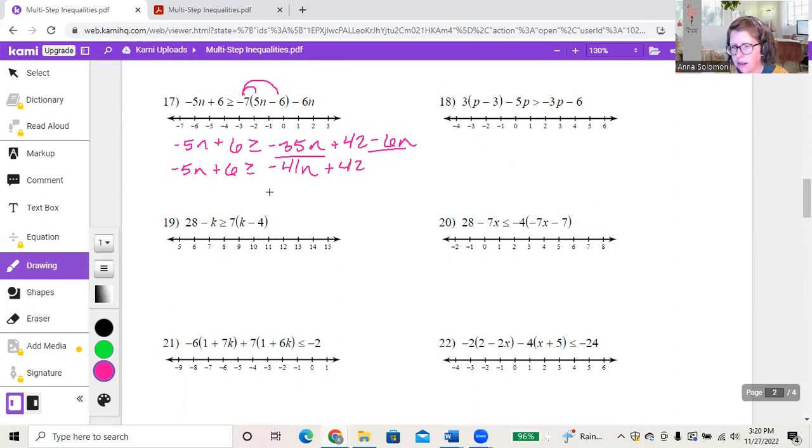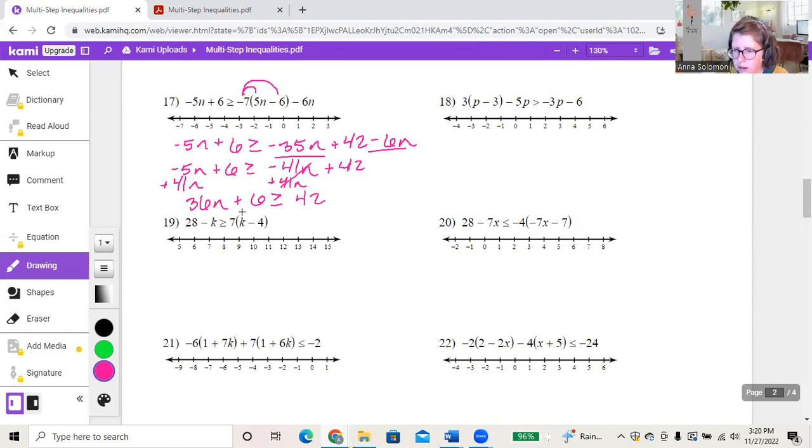All right, and then let's move our variable over to the left side. So plus 41n, plus 41n. And so that is going to be positive 36n plus 6 is greater than or equal to, it's canceled out, and that's just 42.